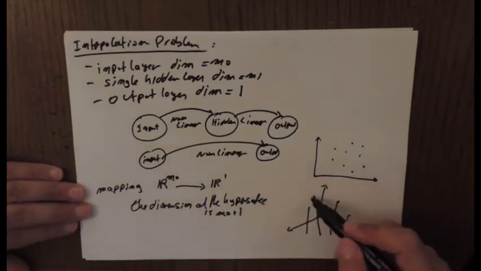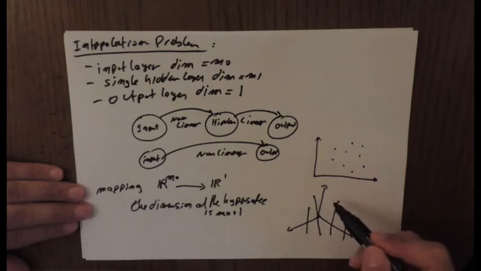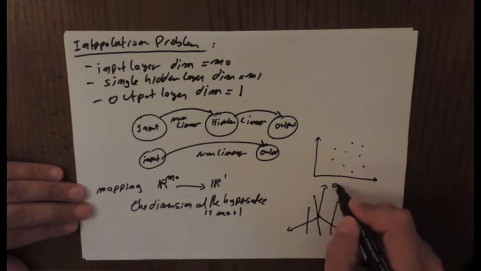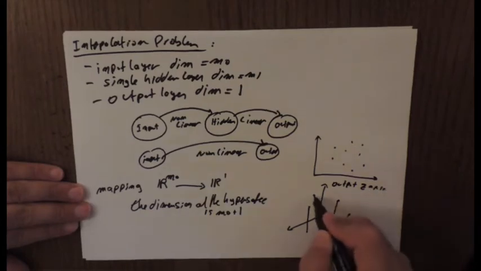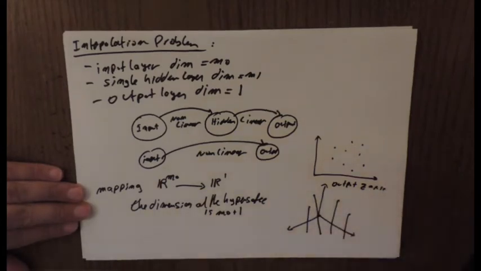Remember that the value of each of these points corresponds to the z-axis. So the output here will be the z-axis, which are the points here, and the problem will be finding this hypersurface.